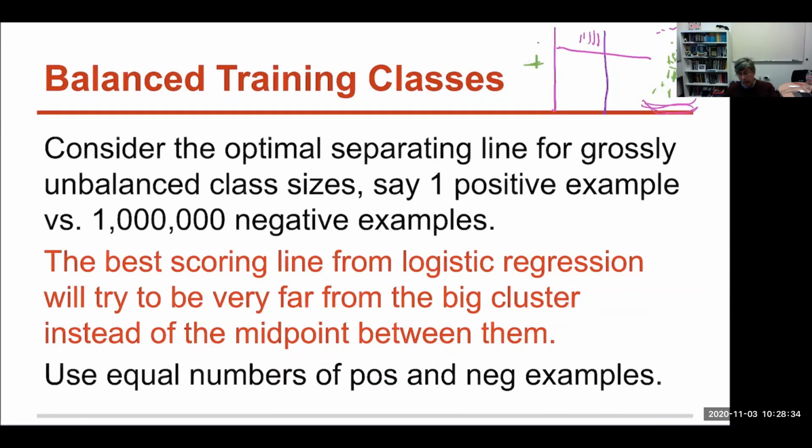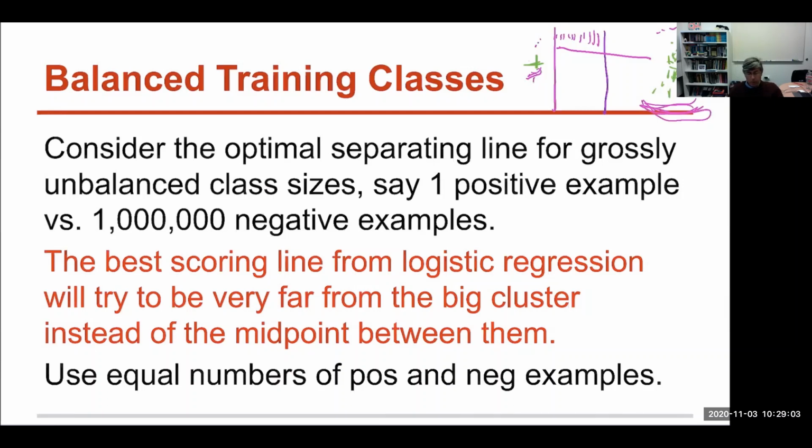The penalty that you get as you move this line closer and closer to the positive example, this one is going to pay a penalty for it. Its penalty is going to decrease also as you move towards the right. But ultimately, the force of the million points is going to outweigh the force of the single point, okay?